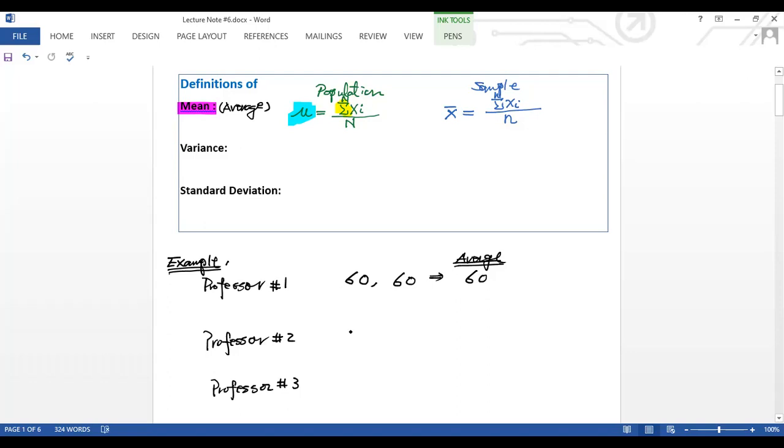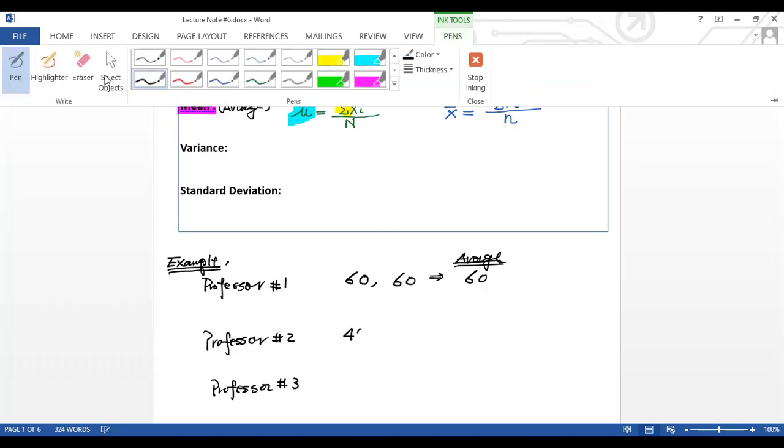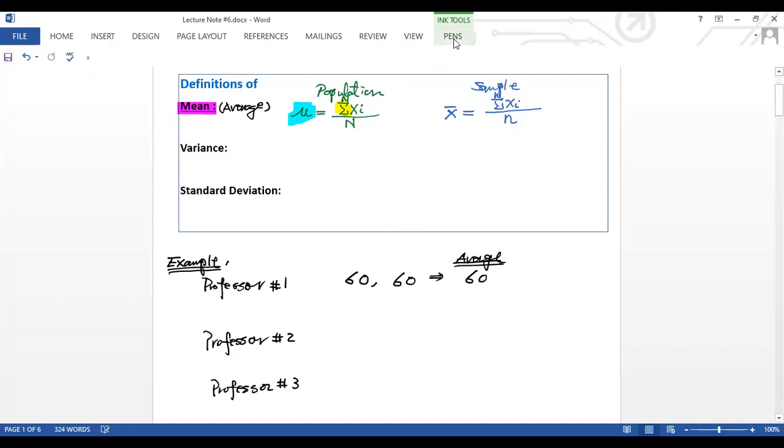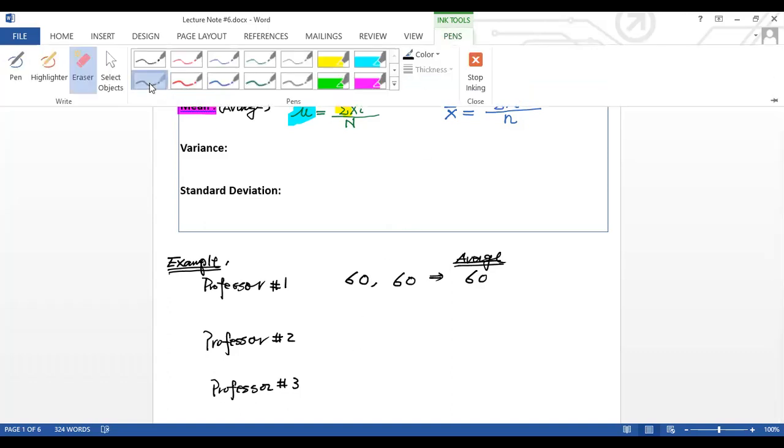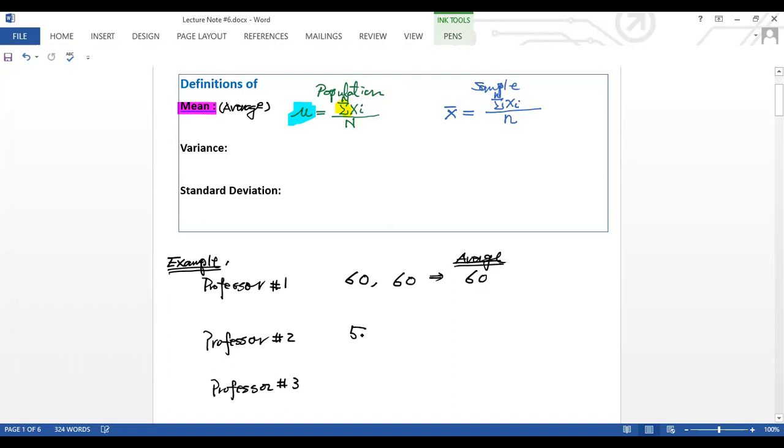Say these 2 students got 50 and 70. What is the average? Still 60, right? 50 plus 70 averages to 60.